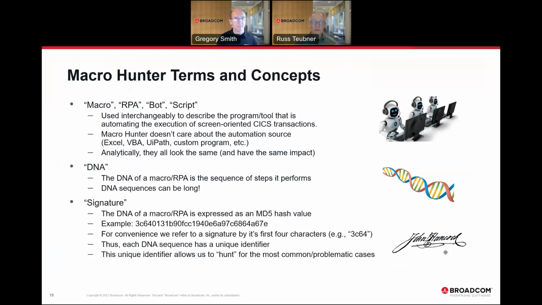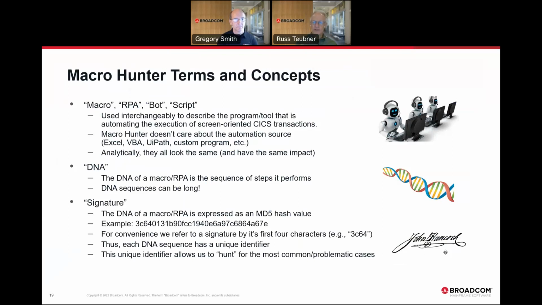So in order to be able to compress that down into a more manageable analytical form, we create what we call a signature. And a signature is nothing more than the DNA of a macro or an RPA that's expressed as an MD5 hash value. And you can see an example there. Many times, just for convenience, we will refer to a signature by its first 4 characters. So you'll see that in a couple of slides.